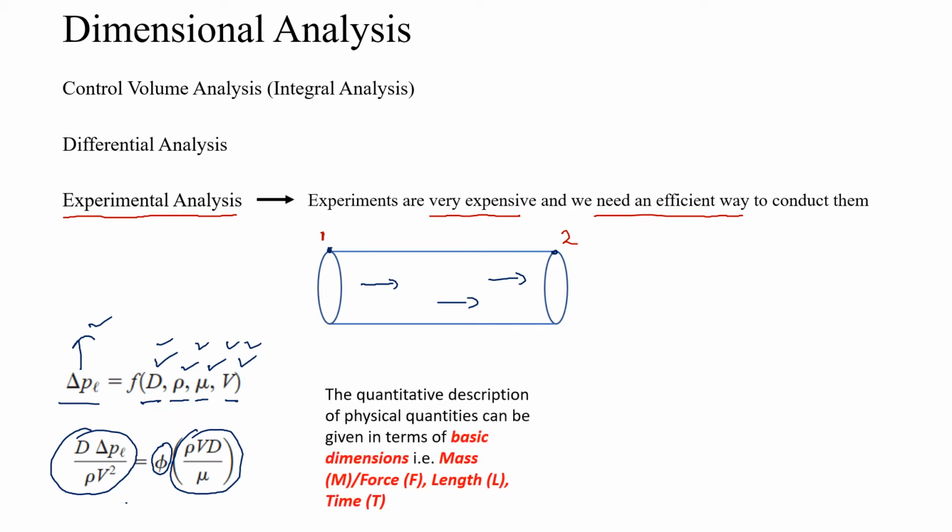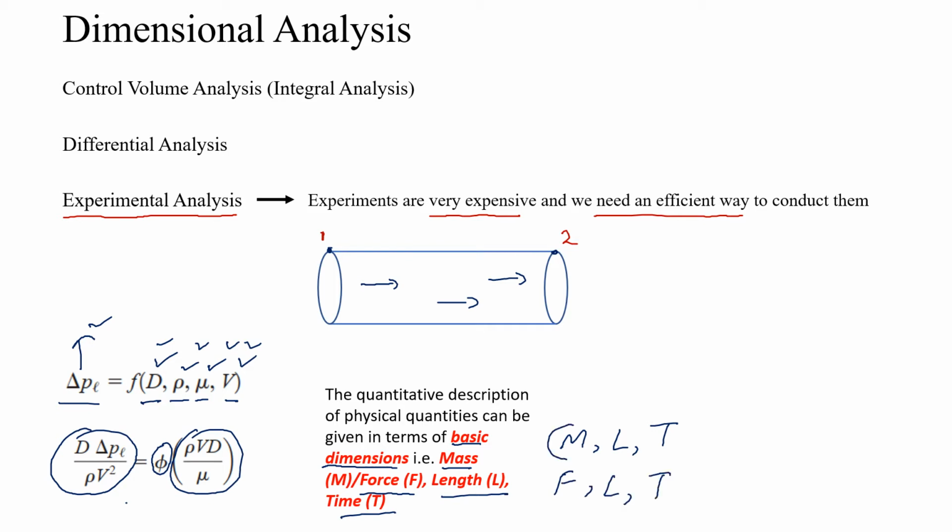So this is what we will do in dimensional analysis, and we will use our basic equation of units. This requires us to remember that any physical quantity can be represented in terms of its basic dimensions, and the basic dimensions were mass or force, and length and time. So our basic dimensions can be mass, length, time, or force, length, time.